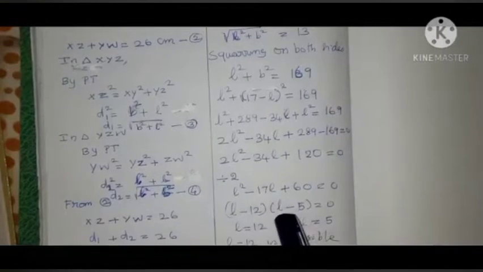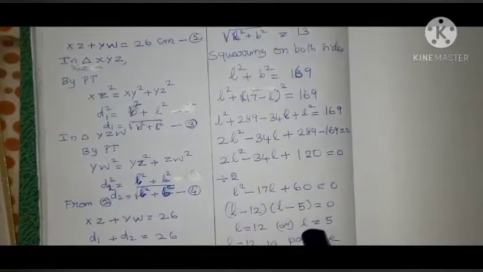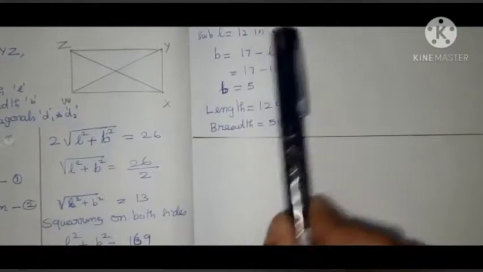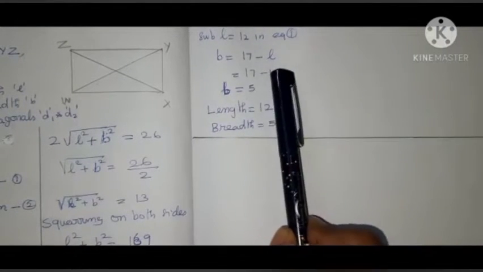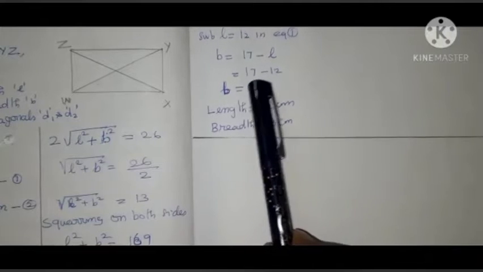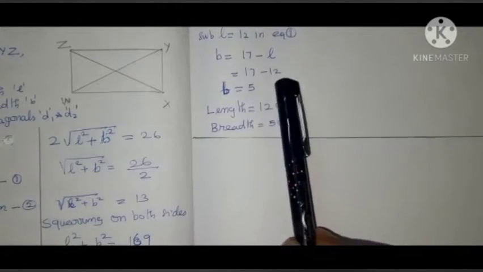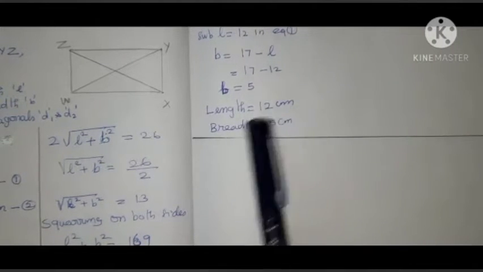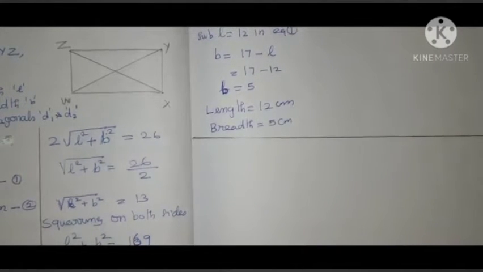L minus 12 into L minus 5 is equal to 0, L is equal to 12, L is equal to 5. L is 12 is possible. So substitute L is equal to 12 in equation 1. B is equal to 17 minus L is equal to 17 minus 12, that is 5. Length is equal to 12 centimeter. Breadth is equal to 5 centimeter.